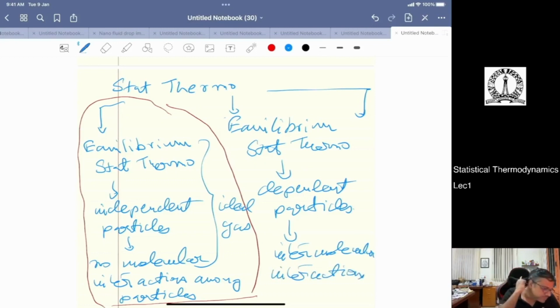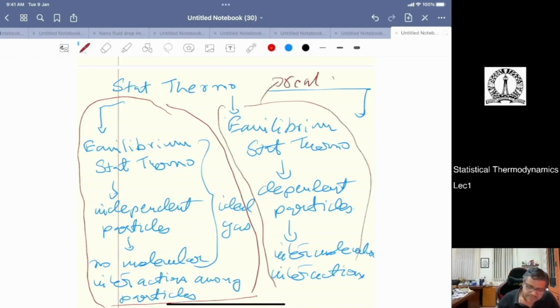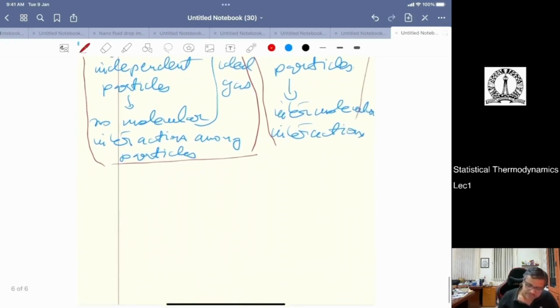These are, for example, real gases and polymers. These are all examples of this second one.